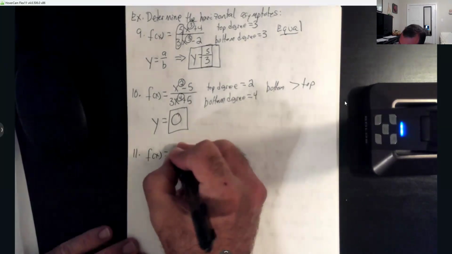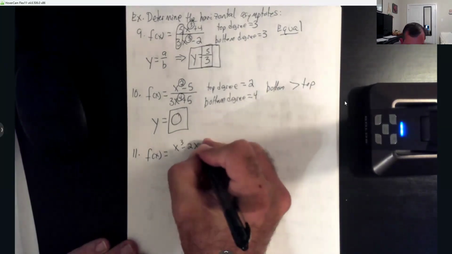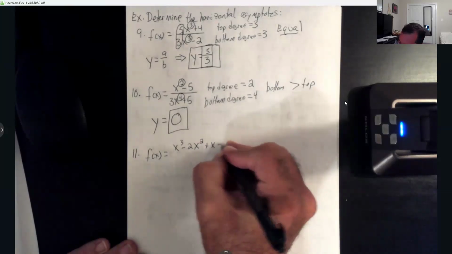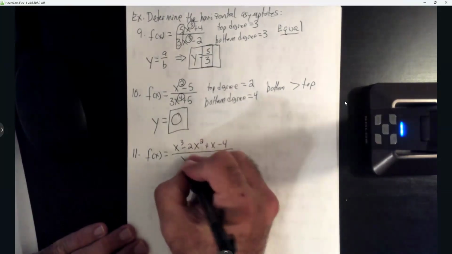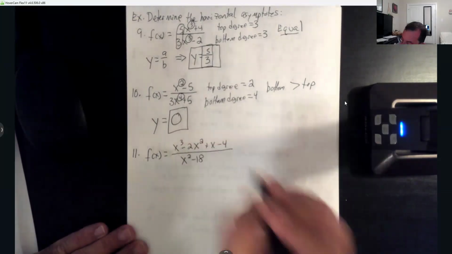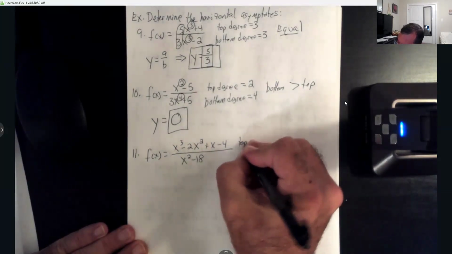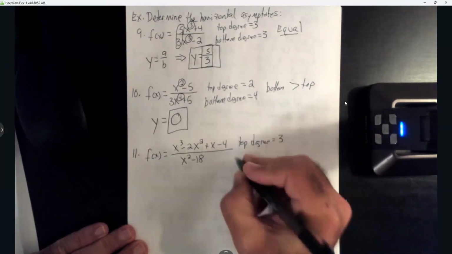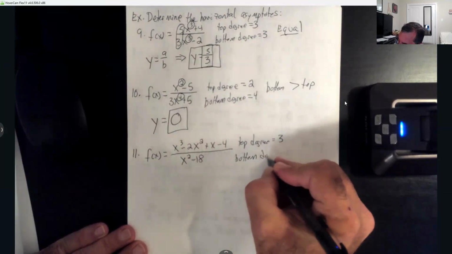Ooh, all right, y'all, look at this one. X to the third minus 2x squared plus a x minus 4 all over x squared minus 18. All right, so let's see. The top degree is 3. There would be no horizontal asymptote. Right, because my bottom degree is what, 2?